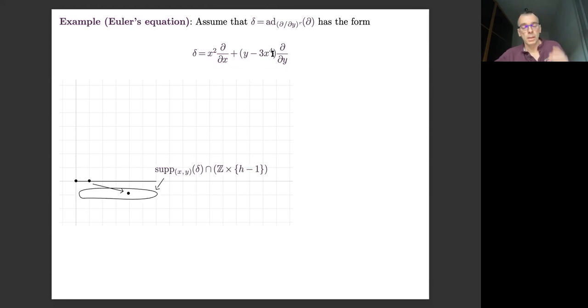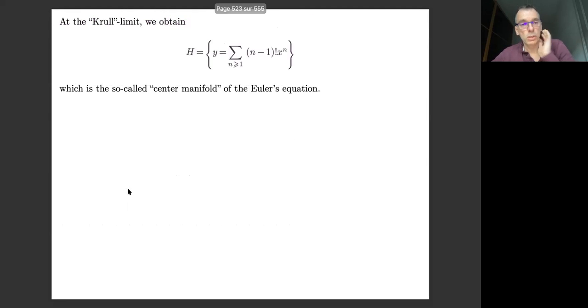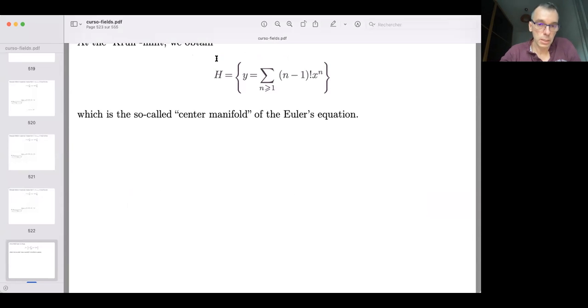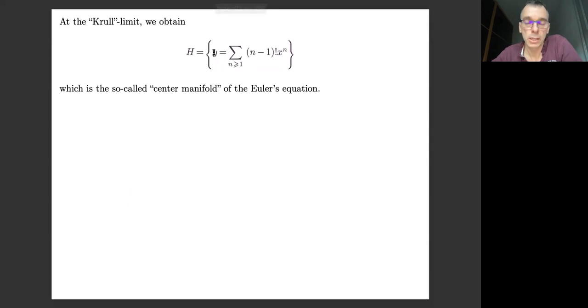Of course, you can imagine that this will not end, because each time this term on x squared will give a contribution, and at the end you get what we call the limit curve. You get the equation of this invariant curve, which is precisely given by this expression.